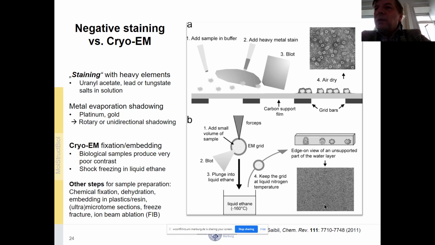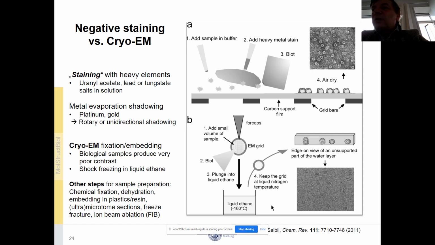So one thing that was making a Nobel Prize was this step here from the EM grid to the liquid ethane. Because the colleague at the EMBL in Heidelberg, I have forgotten his name, found that in the 70s the freezing of these EM grids was not working. People tried to freeze grids in liquid nitrogen, but the samples were heavily damaged.